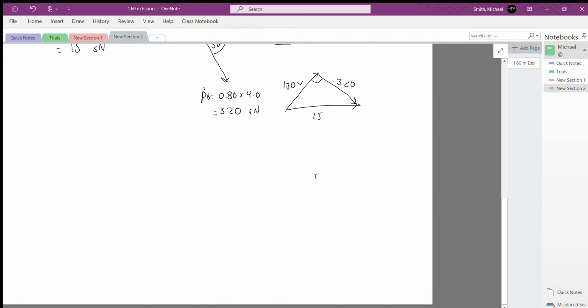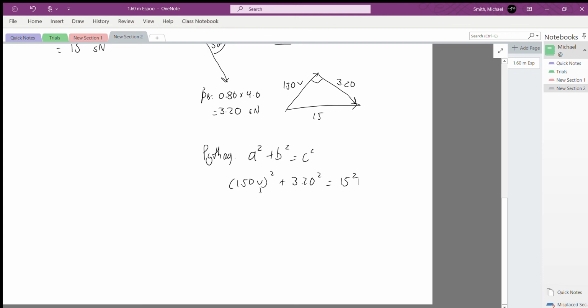So from Pythagoras' theorem, a squared plus b squared equals c squared, so (1.5 v) all squared plus 3.2 squared equals 15 squared.